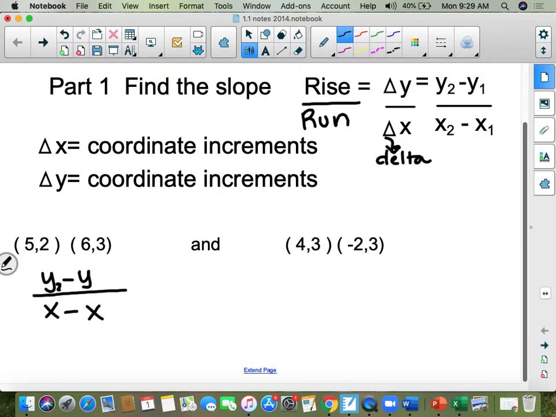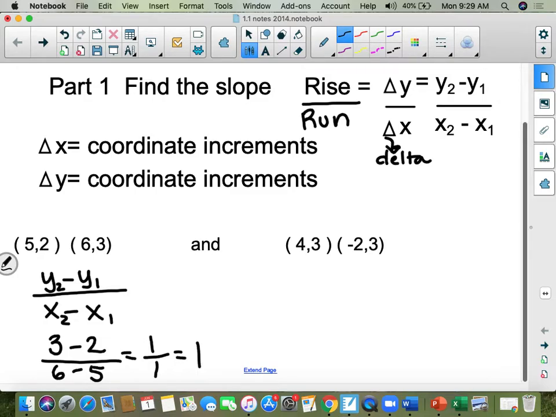It's the second y minus the first y, second x minus the first x. So I'm going to put 3 minus 2 on the top because those are my y values. 6 minus 5 on the bottom. We're going to get 1 over 1, which the slope is a positive 1.